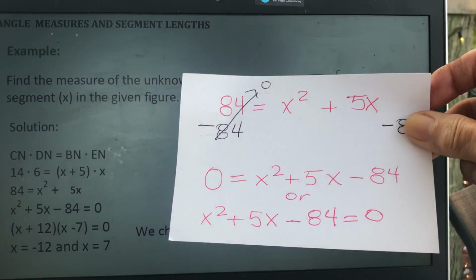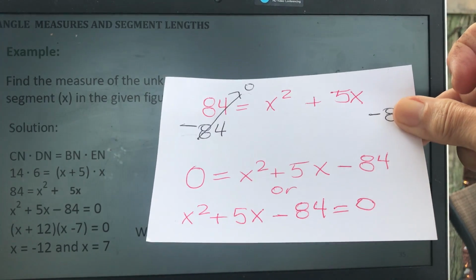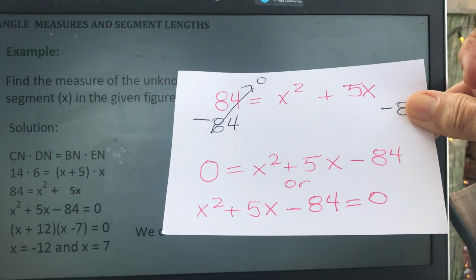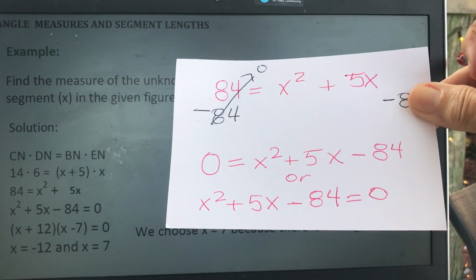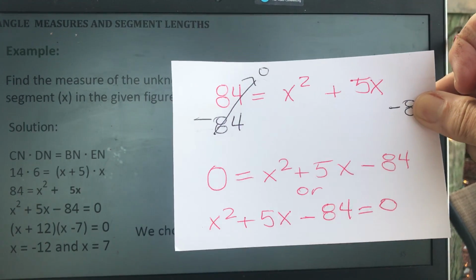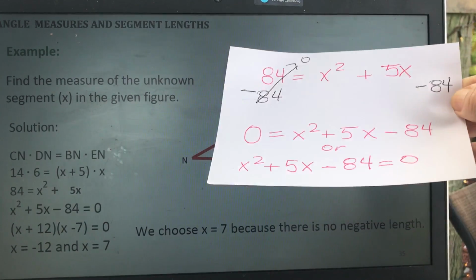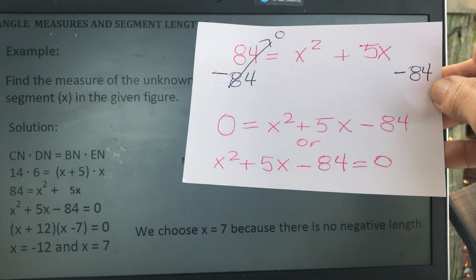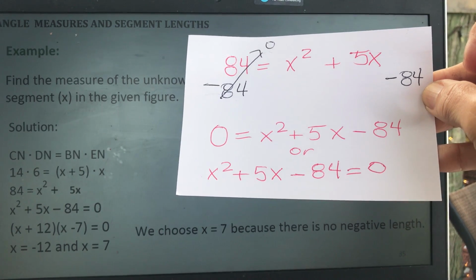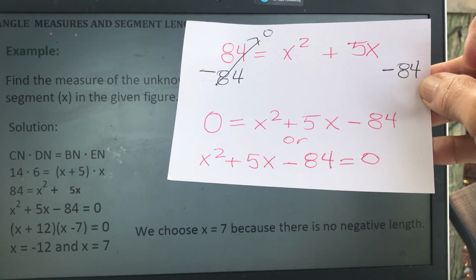So what we do right here, we have 84 equals x squared plus 5x. On both sides of the equation, we have to get rid of that 84. So we subtract 84 on both sides. Okay? So here, subtracting 84 on both sides, we have that 0 is going to be equal to x squared plus 5x minus 84.